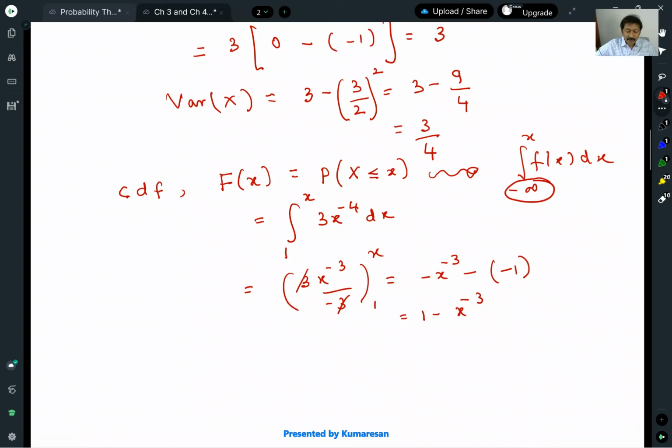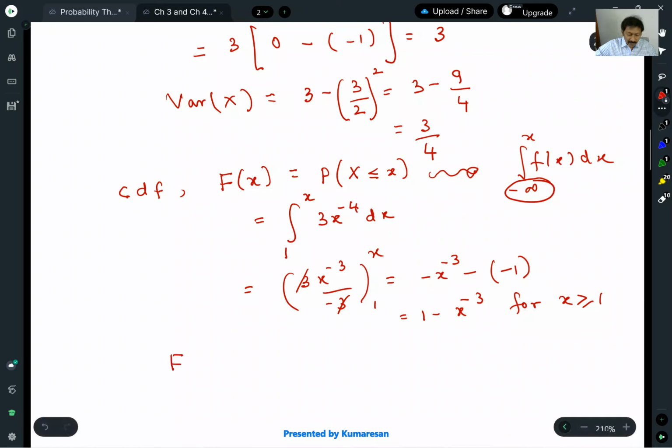This cumulative distribution function is valid only for the range of x for which the function is defined, which is x greater than or equal to 1. So the distribution function is also defined for x greater than or equal to 1.